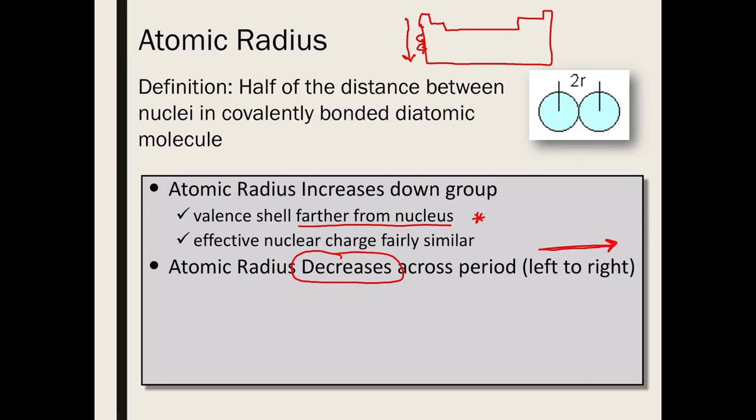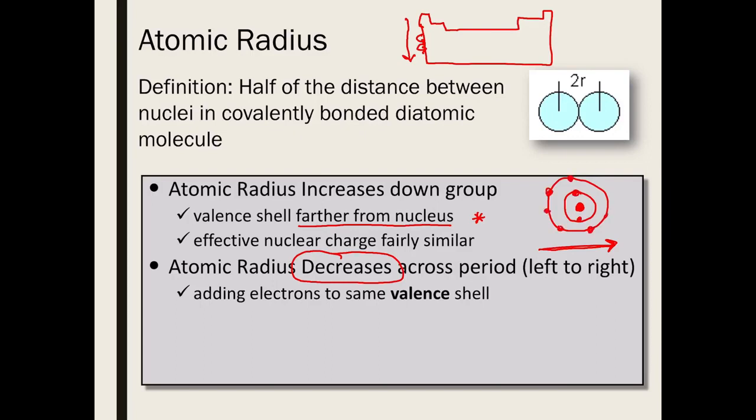And what's happening is that we are adding electrons to the same valence shell. Okay, so if we're thinking about the atom, this is going to be my nucleus, and let's say here's some electrons out here. I'm just going to kind of put some electrons, 4, 5, 6, 7, 8.